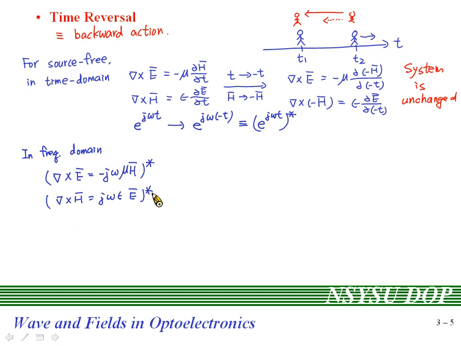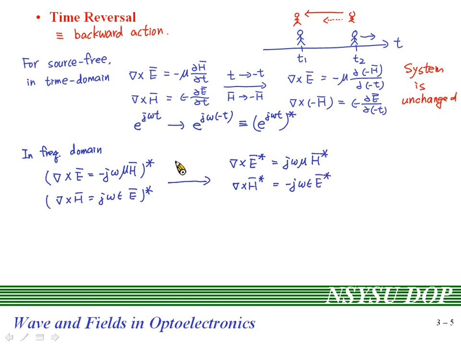Curl E conjugate will be j omega mu H conjugate, and curl H conjugate will become minus j omega epsilon E conjugate.